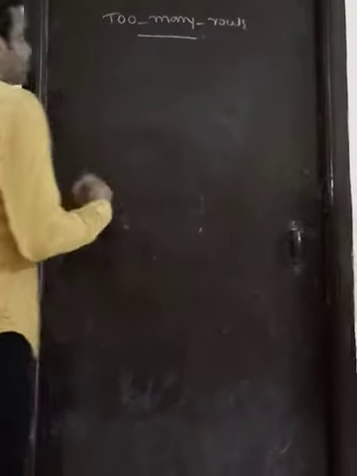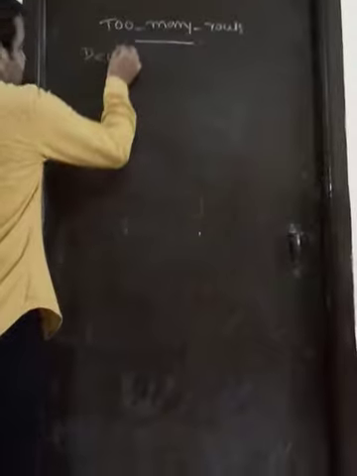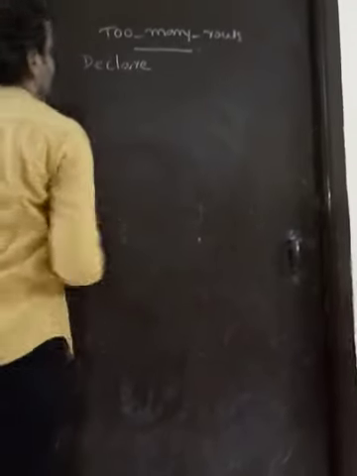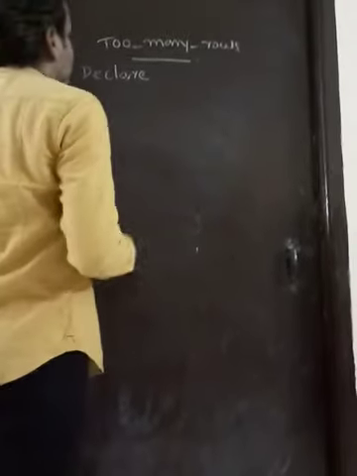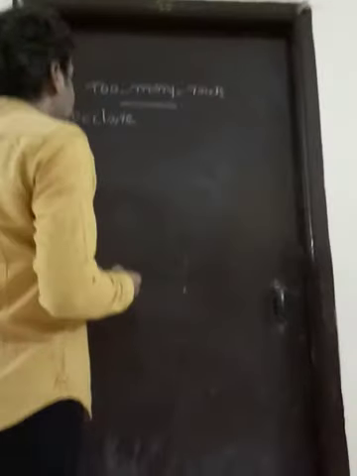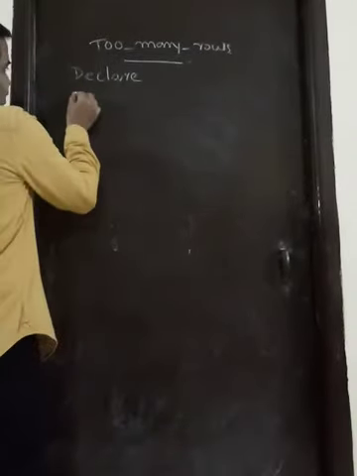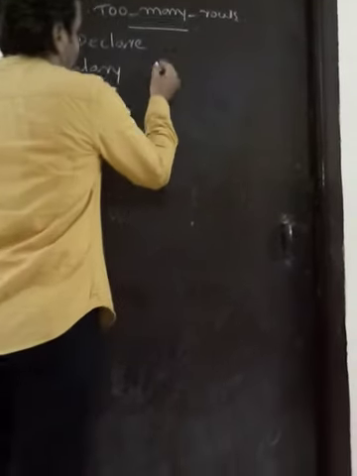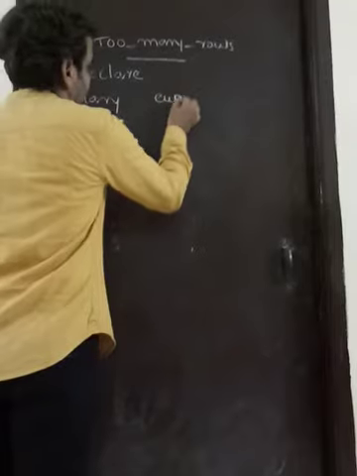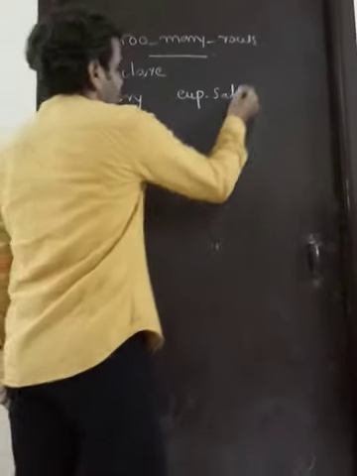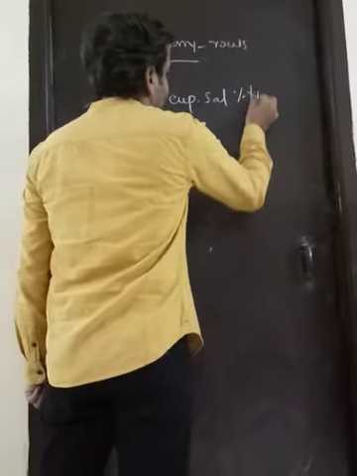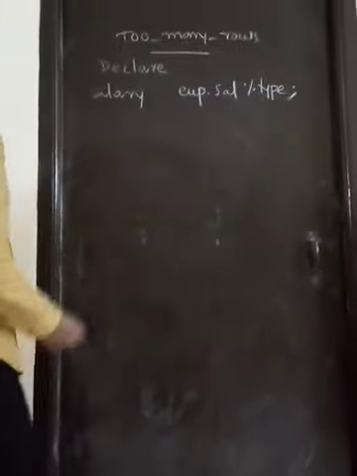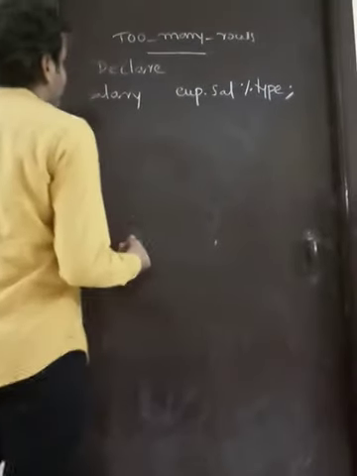So first, the TOO_MANY_ROWS exception program. Declare. Here we are displaying salaries, so I am taking salary, accessed from the employee table's salary column using %TYPE.